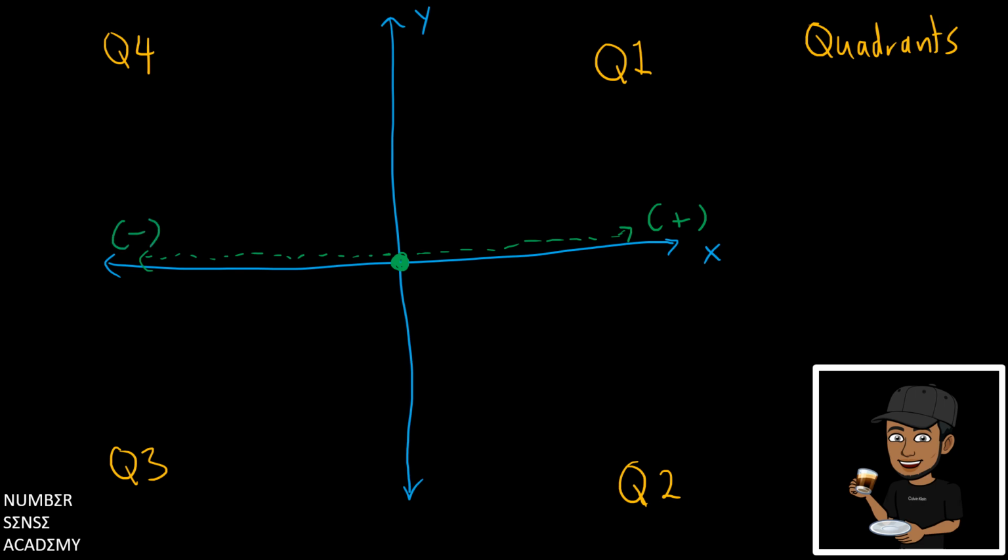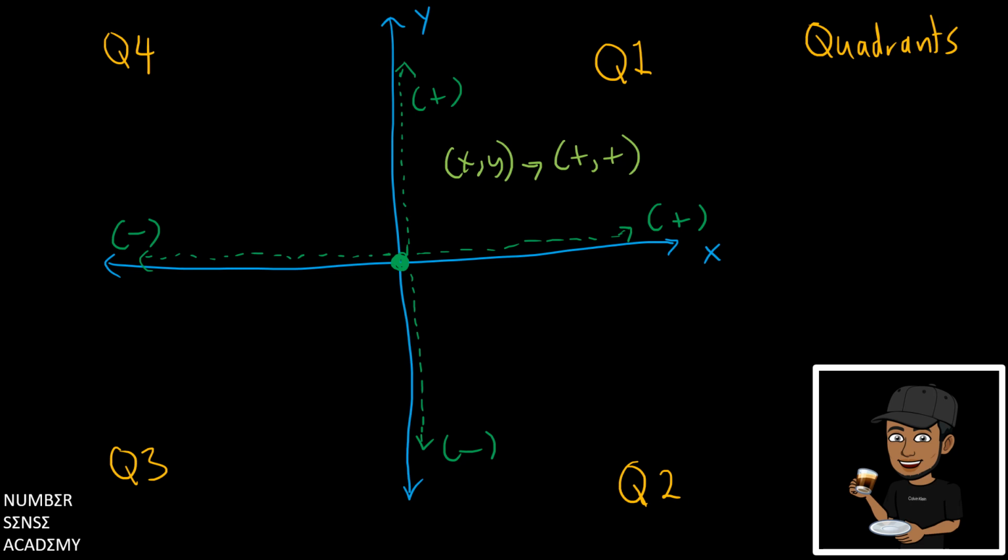Similarly, if I move in the direction of y vertically away from the origin, and I move upwards above the origin, these are also positive values. And if I move below the origin in the direction of y, these are negative values. So if I combine these together in the first quadrant, all my x and y coordinates are positive values.